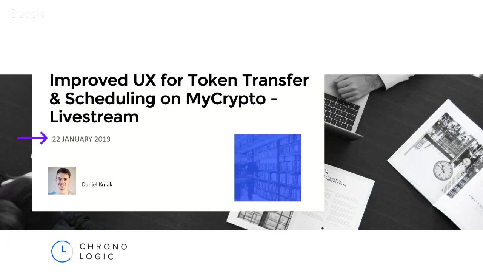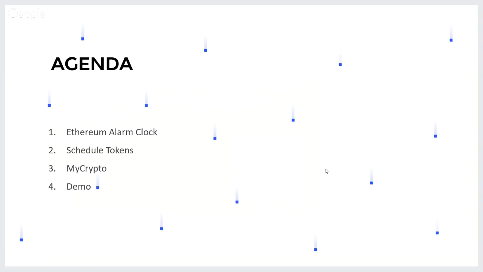Okay, let's continue. So today on our agenda we have first, because we are using Ethereum alarm clock technology to schedule the tokens, I'm going to explain a little bit what this technology is.